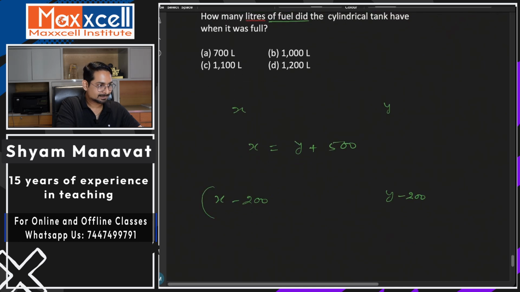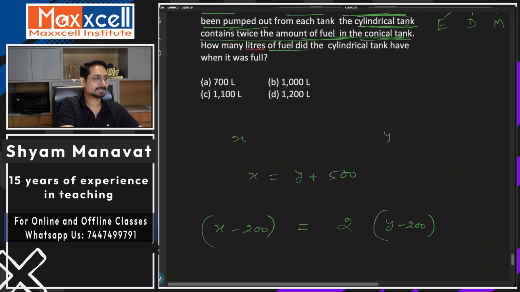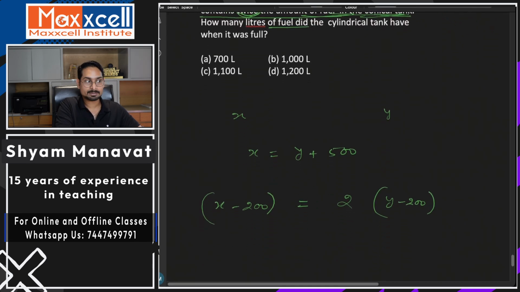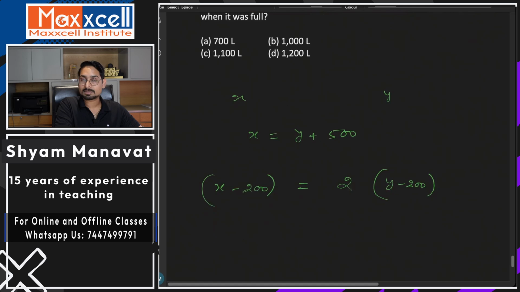Now, the condition is the cylindrical tank contains twice the amount of fuel compared to the conical tank. So, this is the fuel left in the cylindrical tank. If you equate this with the fuel left in the conical tank, then it is twice, as per the question. I hope you are comfortable making the equation out of word problems.